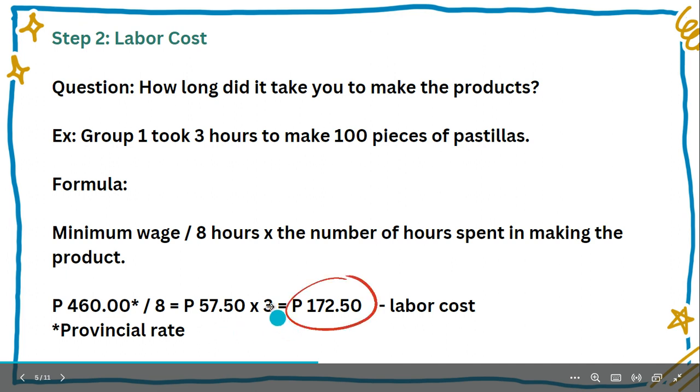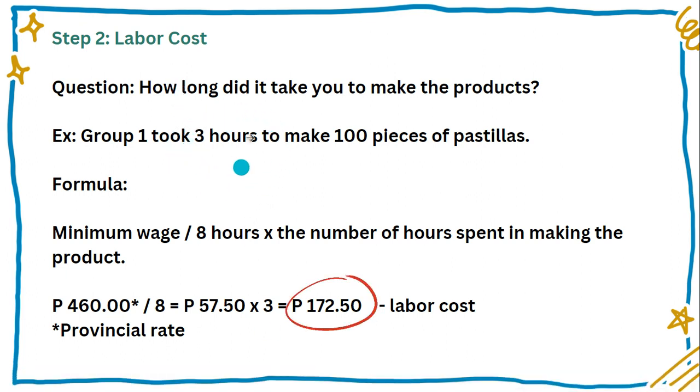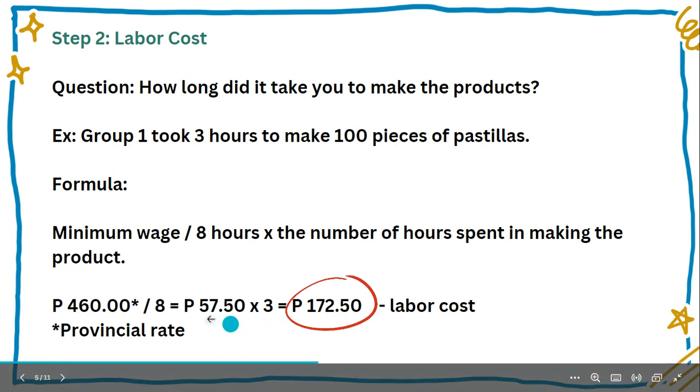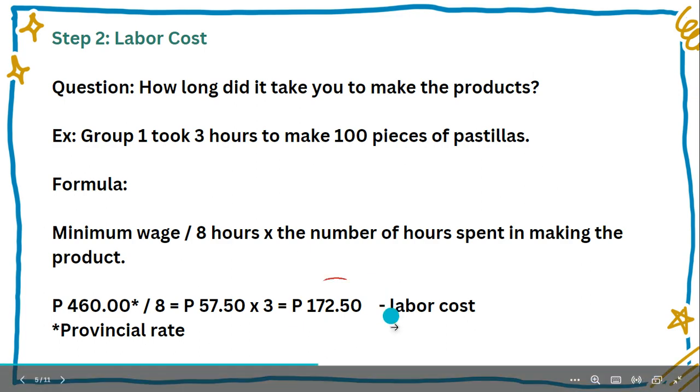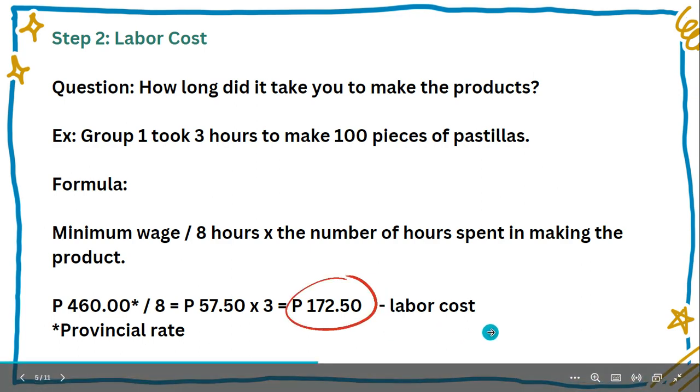And then we are going to multiply this by 3 because that is the hours spent in making the product. So 57 pesos and 50 centavos times 3 is equal to 172 pesos and 50 centavos. So that is the labor cost.